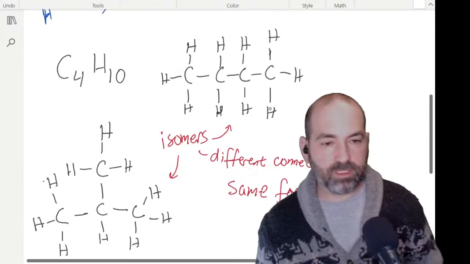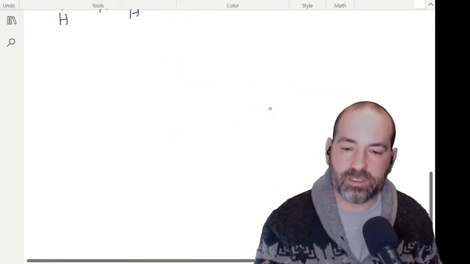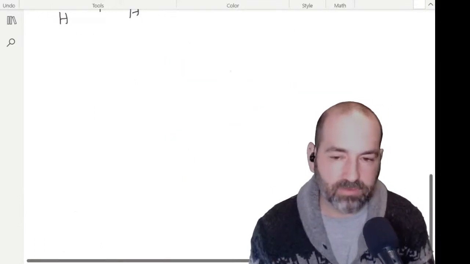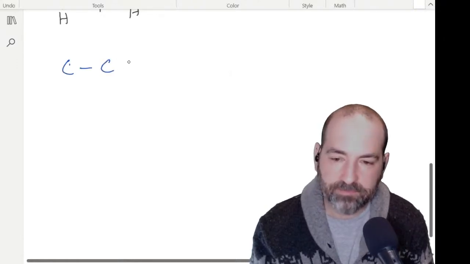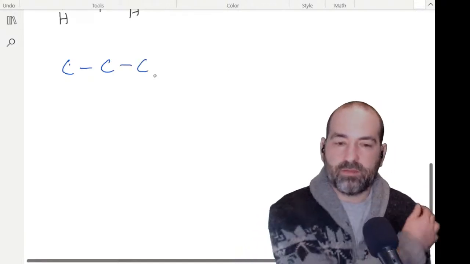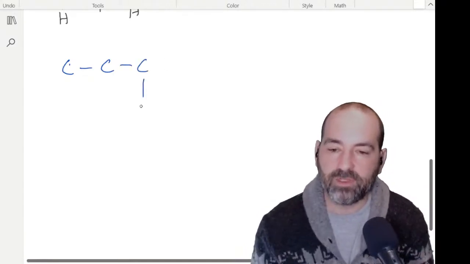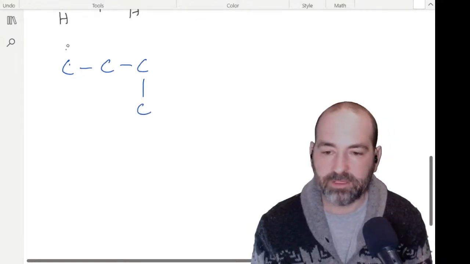And if you're looking closely, you might think that there are some other ones as well. So let's talk about other possible ways of drawing this that are not isomers. So for example, what if we went like this? What if we drew our three carbons in a row, and then we drew the fourth one down like this, and then put our hydrogens around the outside?